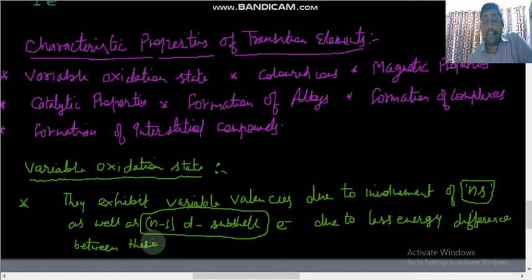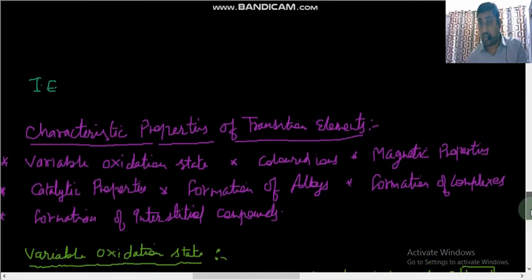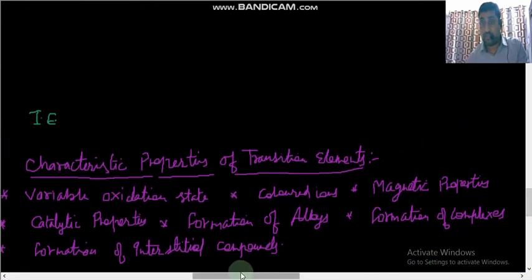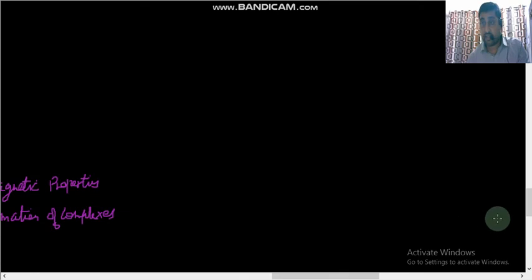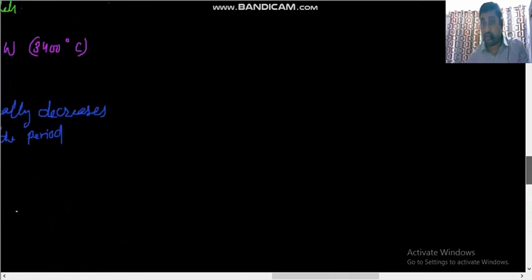So there is very little energy difference, so both participate in the oxidation process. That's why the transition elements show variable oxidation states. Now for the oxidation states of transition elements, we'll see a few examples. Here we'll see some examples of the variable oxidation states.